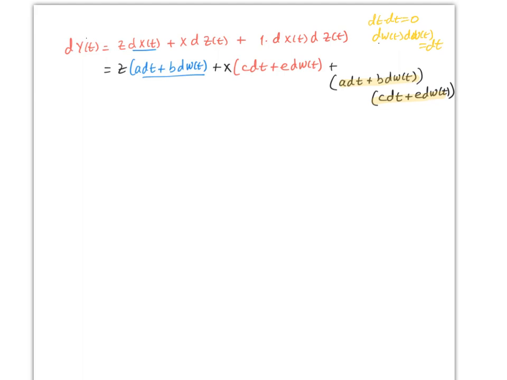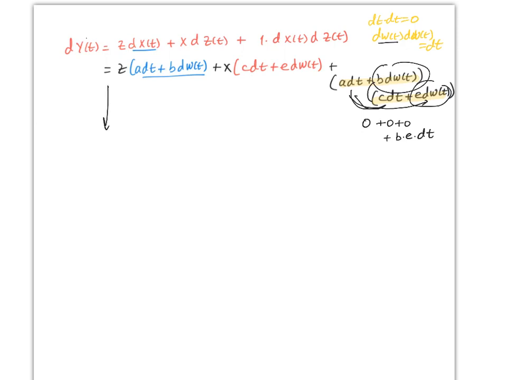And whenever you multiply dW_t times dt it is also equal to 0. So if you multiply this times that, you will end up with 0. This times that, you will end up with also 0. This times that is also 0. The only thing that survives is this times that, which will give you be times dt.